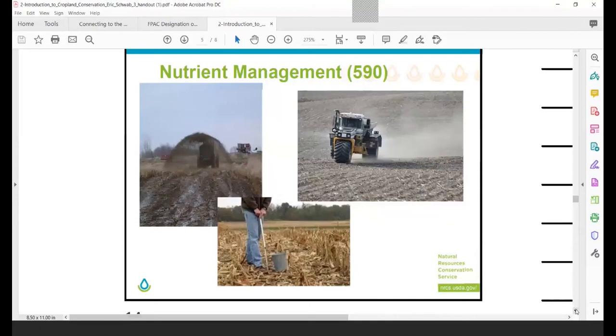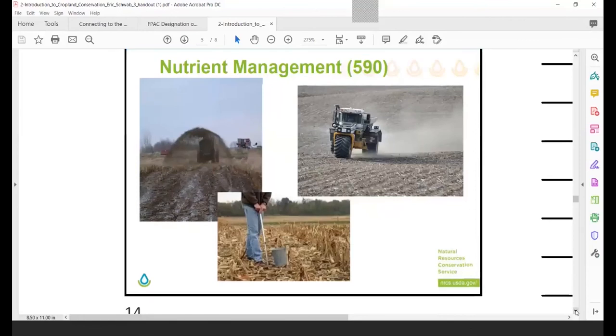Everything I said applies to the new 590. I know in Ohio we'll be doing more 590 training in the near future to explain the new requirements, but everything I provided was general and would apply to both. So we can continue on.